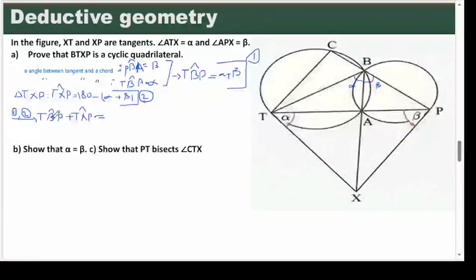Instead of TBP, I put alpha plus beta. And from step 2, instead of TXP, I put 180 minus open bracket alpha plus beta. Now I undo this alpha plus beta with negative alpha plus beta, so I will have 180.